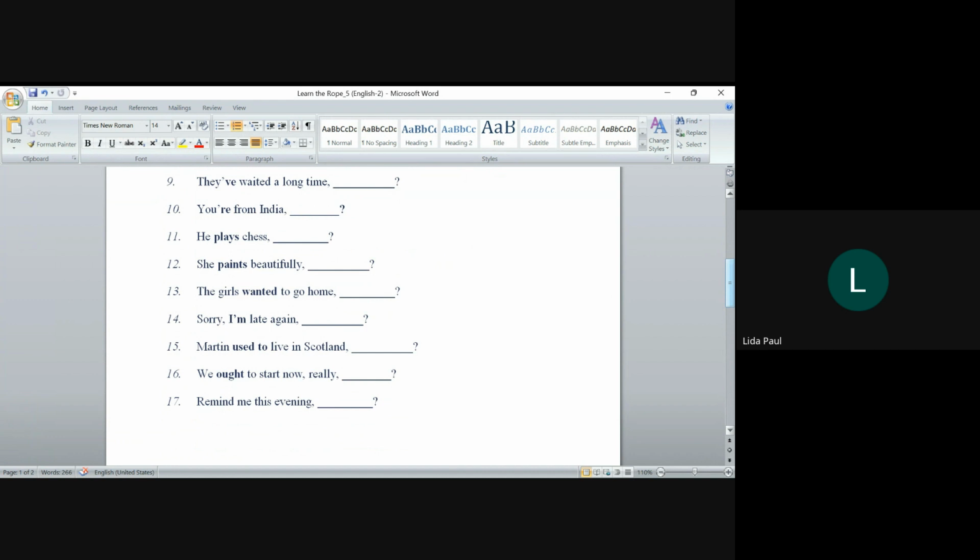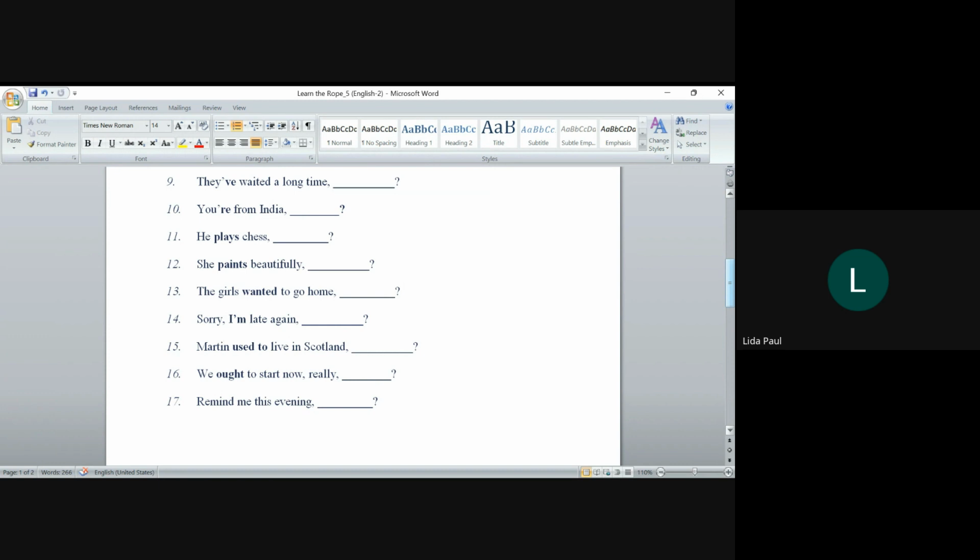The answer is aren't I. Now there's a mismatch. Am is usually the verb used for the first person singular. But because it's a peculiar form of an auxiliary verb, the question tag cannot be am I, because nothing exists in that format. So the closest one you can use is aren't I.